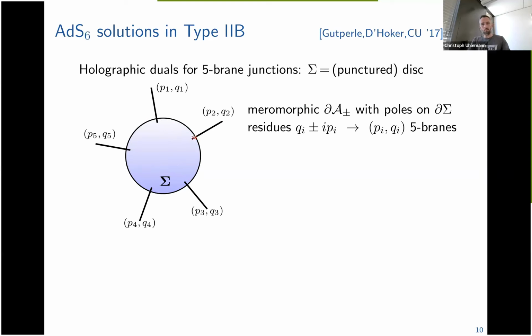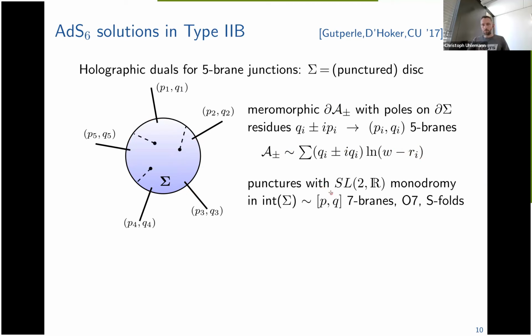And the brainweb data is encoded in the residues of these differentials. So the functions A± really are sums of logs, very explicit. And the location of these poles is determined in terms of the brainweb data by regularity conditions, which are algebraic relations for these positions of the poles.